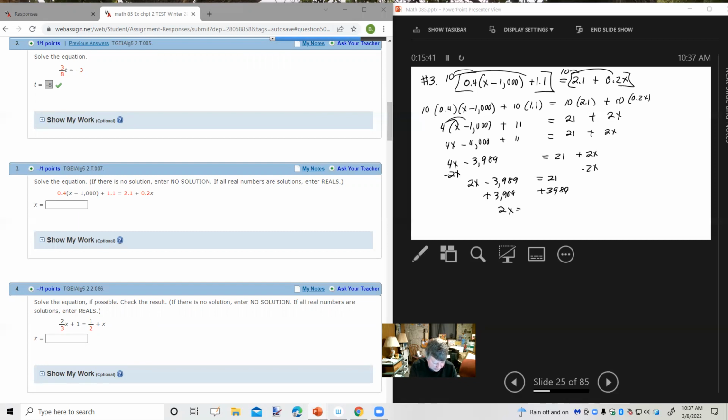2x equals, let's see, 3,989 plus 21 is 4010. Divide by 2, x equals what? 2005. Let's see if that's correct. I don't know.